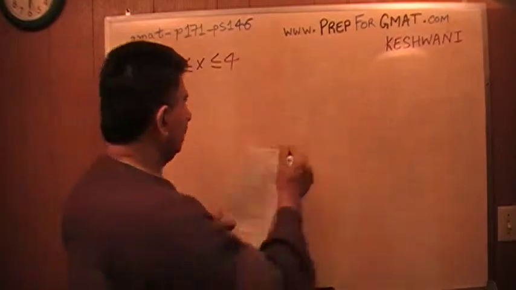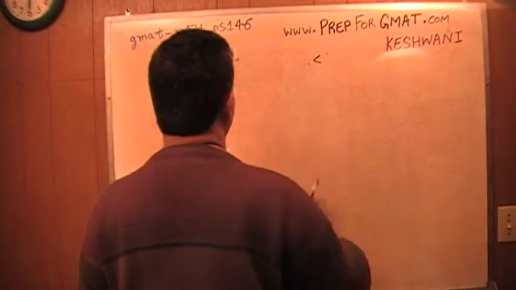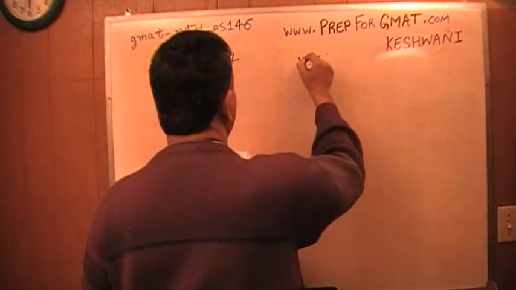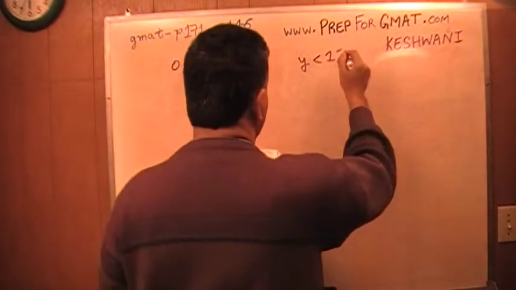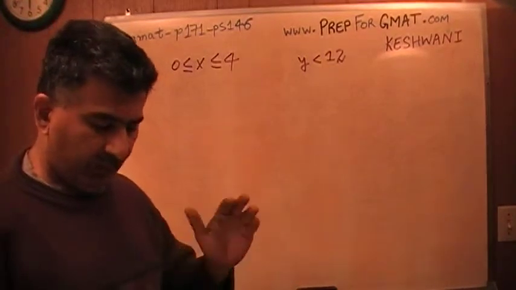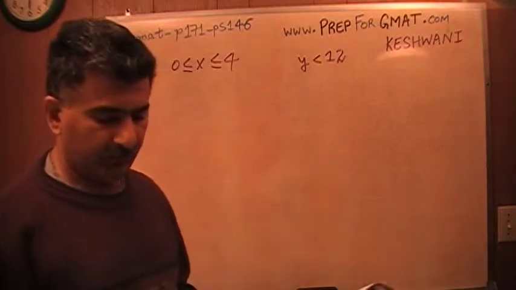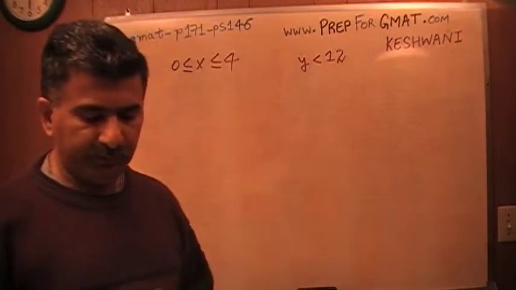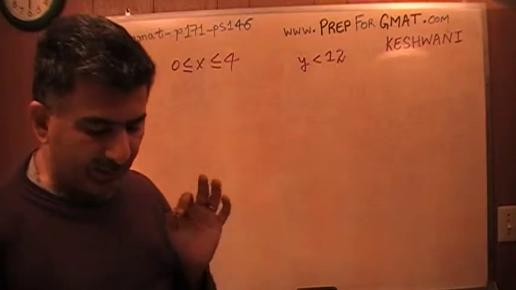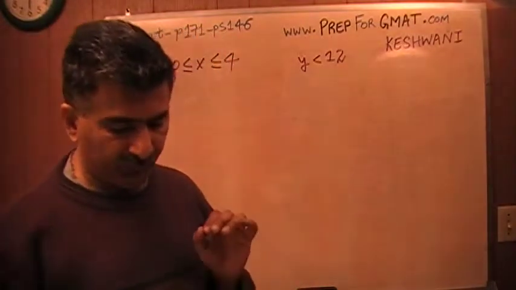And y, we are told, is less than 12. The only condition on y is that it has to be less than 12. And there is no lower limit on it. It could be anything. It could be negative 20 million if you want. The question simply is, which of the following cannot, and they capitalize the word cannot, be the value of x times y?